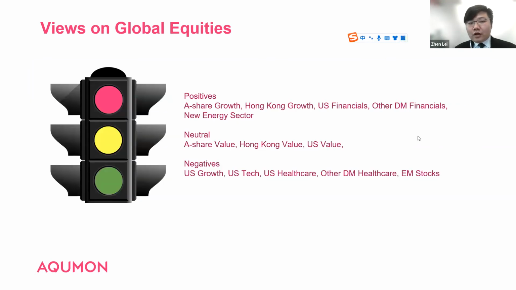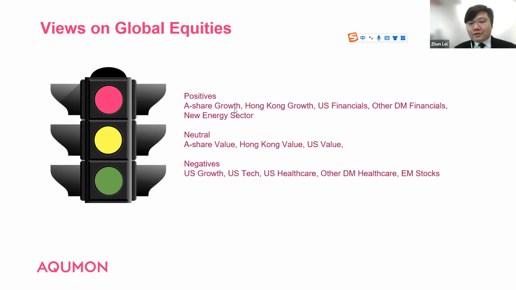And for the global equities, we hold positive views for the Asia growth assets and Hong Kong growth, because we know that Chinese economic growth actually slows down in the first half of 2022.